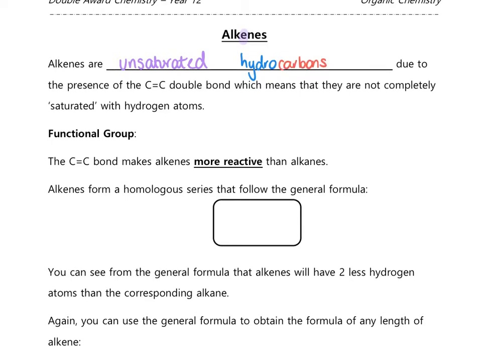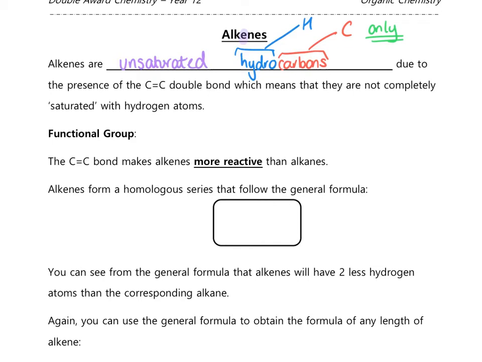Well, it means they contain hydrogen and carbon only. So the hydro part means hydrogen, the carbon part means carbon, but they must not contain anything else. So they're molecules that contain hydrogen and carbon only, but they are unsaturated.